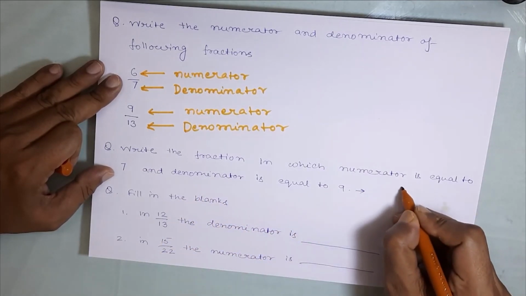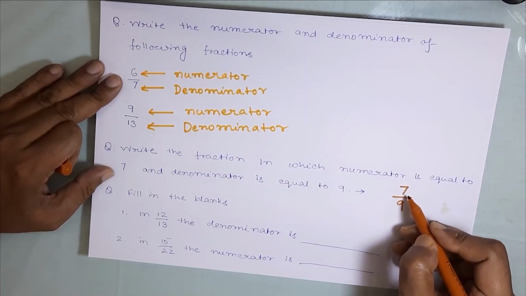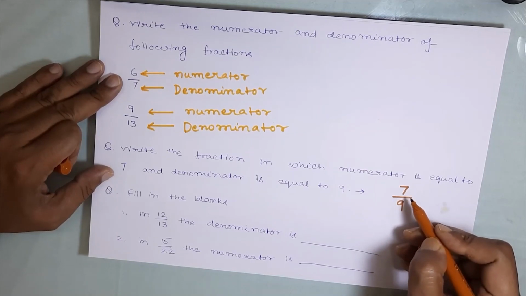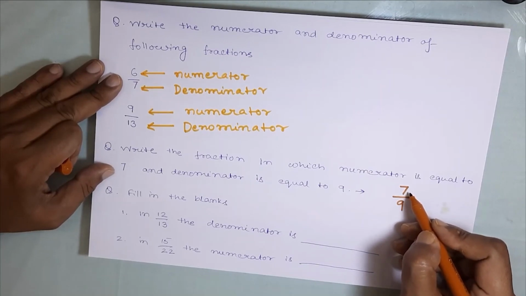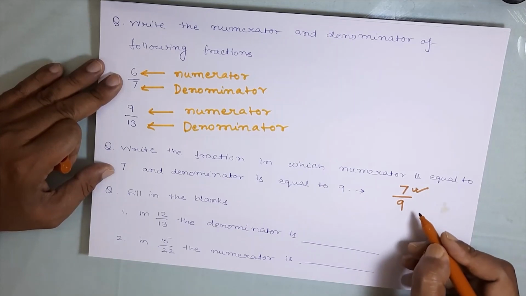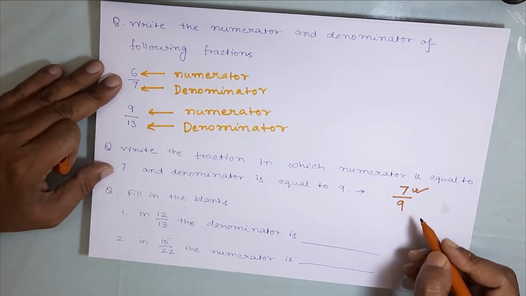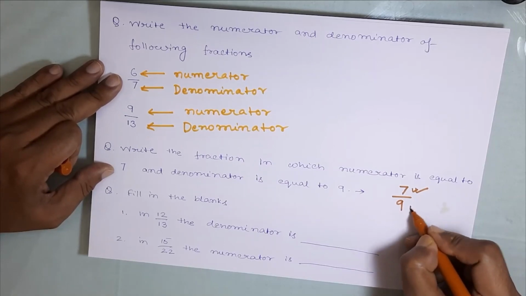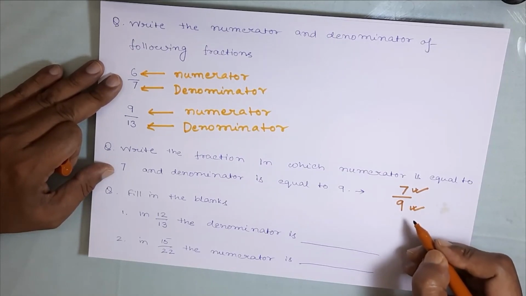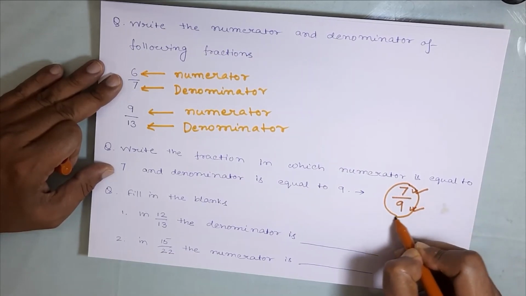So 7/9 is your answer, because the numerator is the number above the line and it is equal to 7, so in the place of the numerator we have written 7. The denominator is the number below the line, and in the question the denominator is equal to 9, hence we have written 9 in the position of the denominator, and the fraction is 7 by 9.